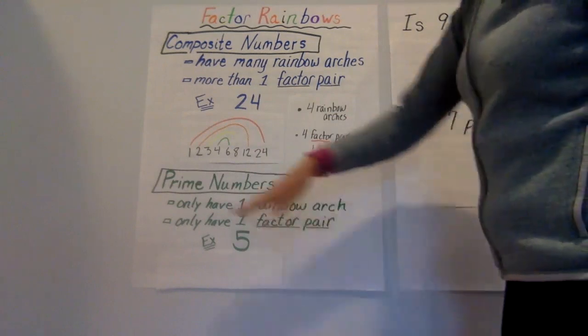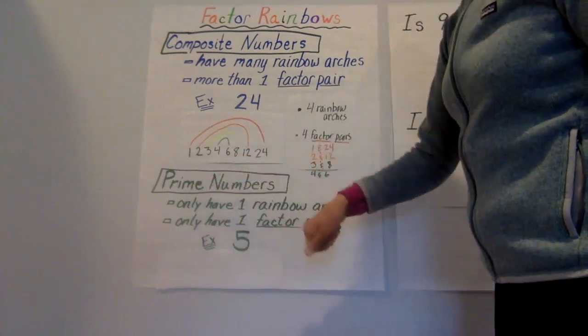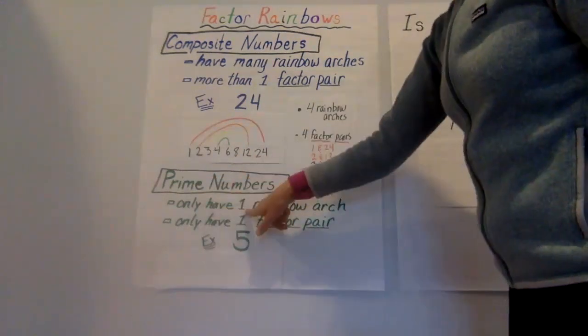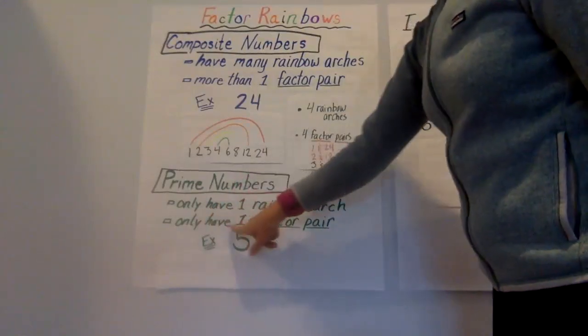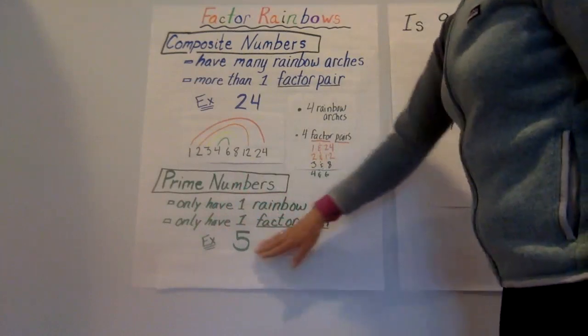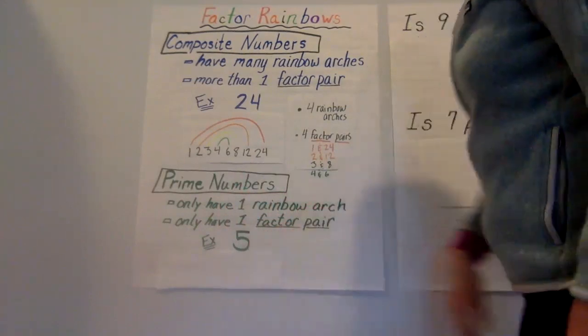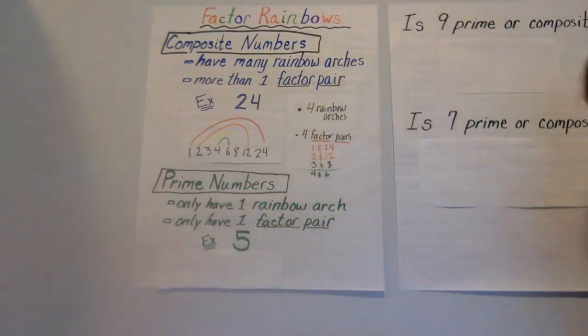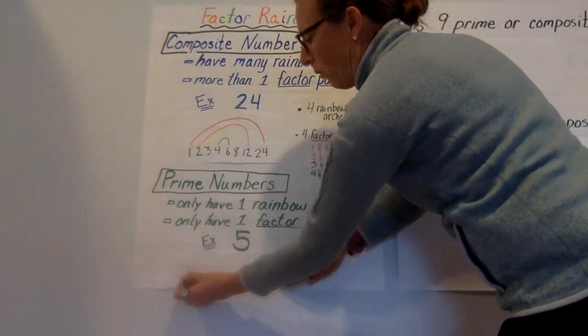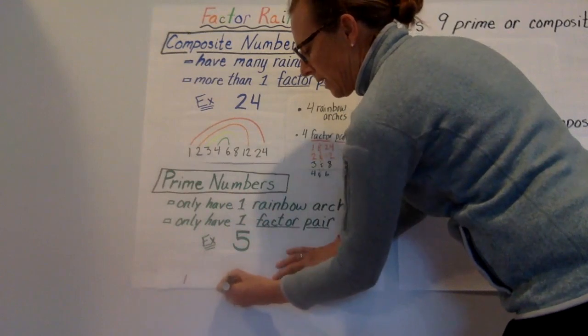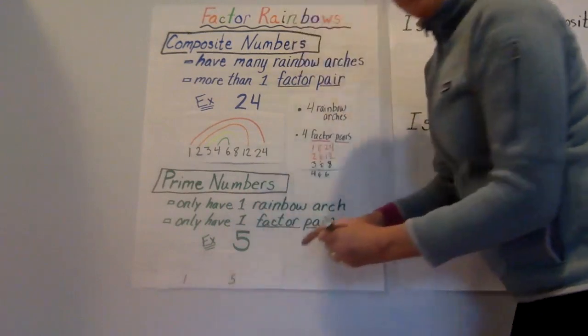Now let's try a prime number. Prime numbers only have one rainbow arch, and therefore they only have one factor pair. Here's my example, 5. So remember, with factors, I always start with 1. So I'm going to try 1 times 5. I know that works.